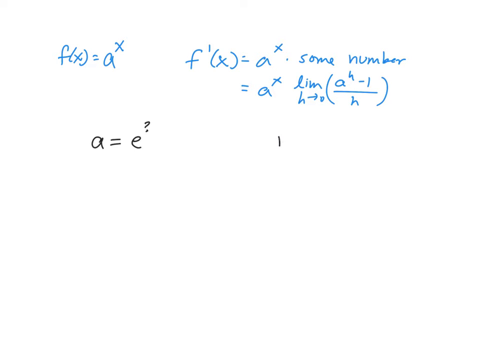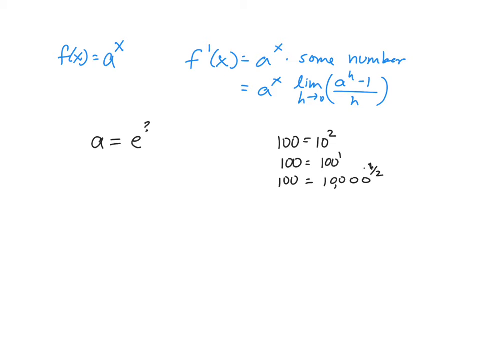In the same way that you can write 100 is equal to 10 squared, or 100 is 100 to the first power, or 100 is 10,000 to the 1/2 power. You can write any number as a power of any other positive number.